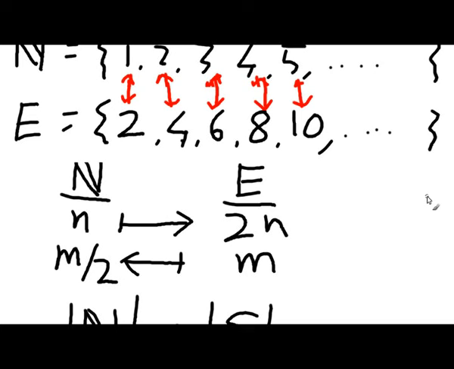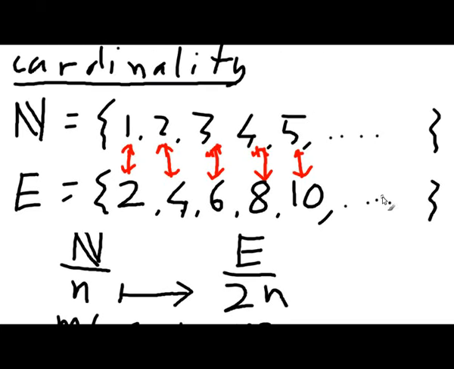And if we have m in E, that's an even natural number. So m by 2 will be a natural number, and that exists in the set of natural numbers, and it will be a unique natural number corresponding to m, right? So this ends up creating a one-to-one correspondence between the elements of the natural numbers and elements of E.